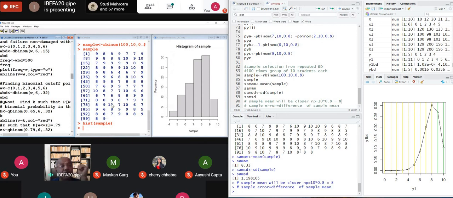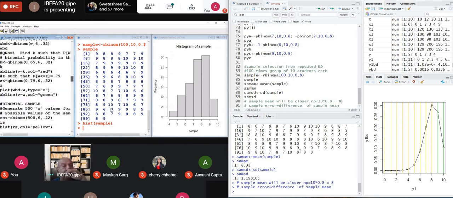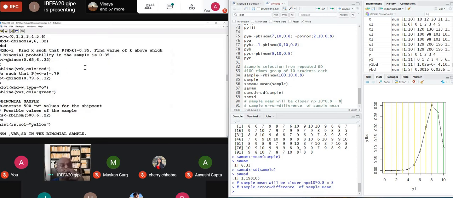Now let us see the last syntax, qbinom, before I go to a real problem. Suppose I have n is 6, p is 0.32 in a binomial distribution.